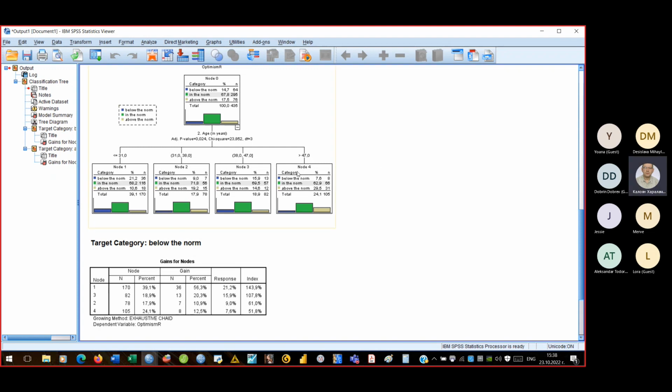So this table was for the below the norm.